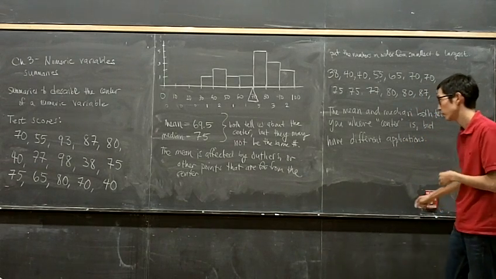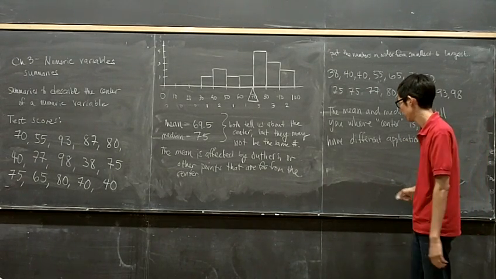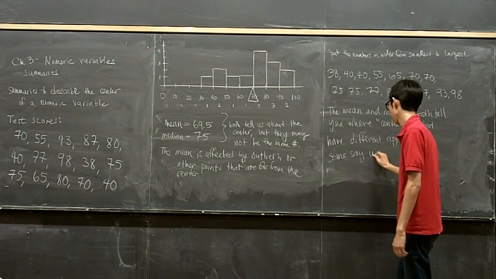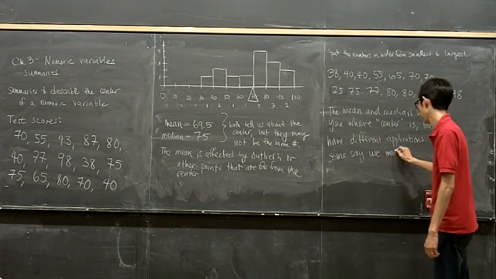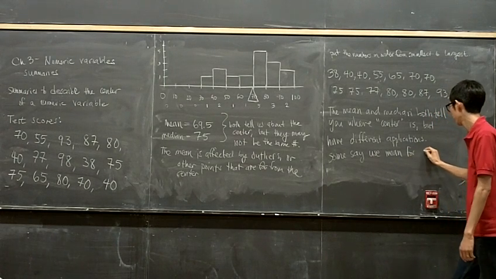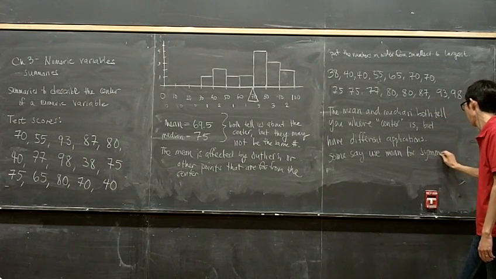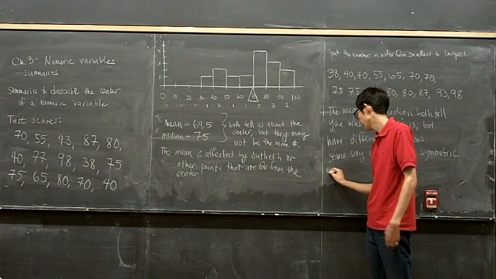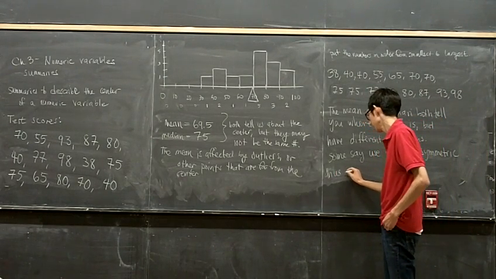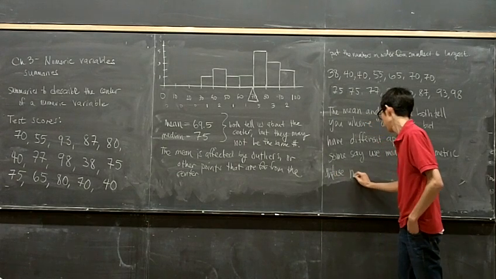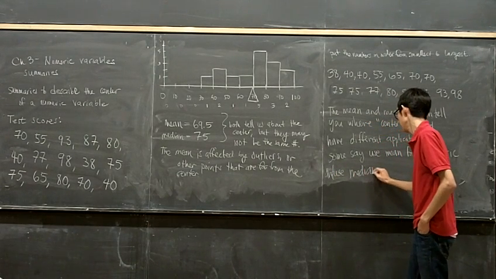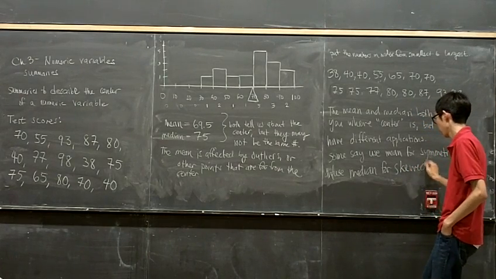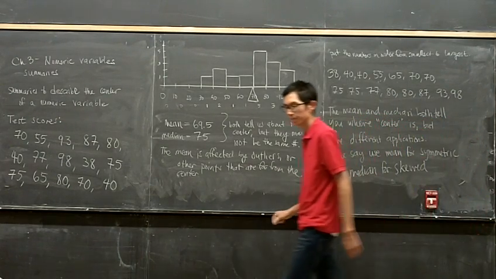So some say use the mean for symmetric and the median for skewed situations.